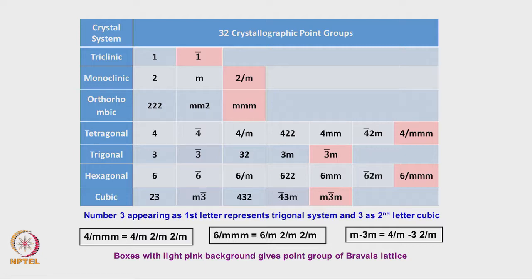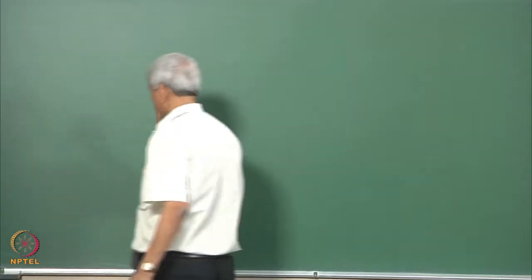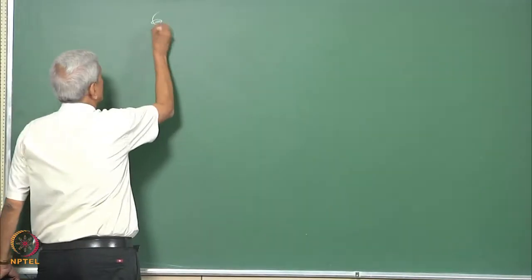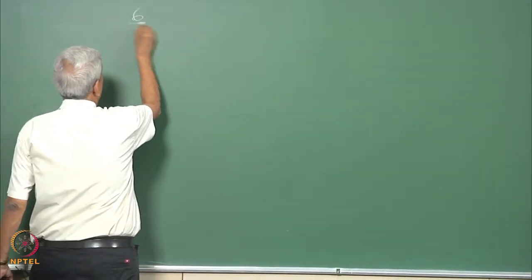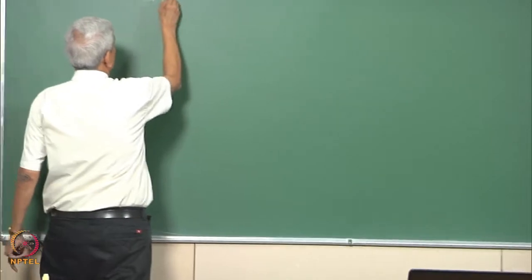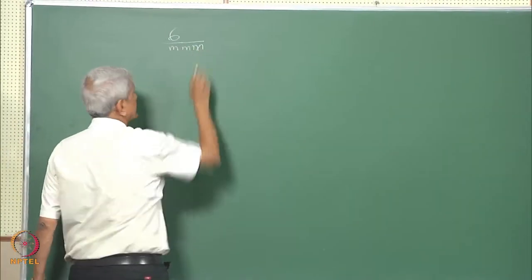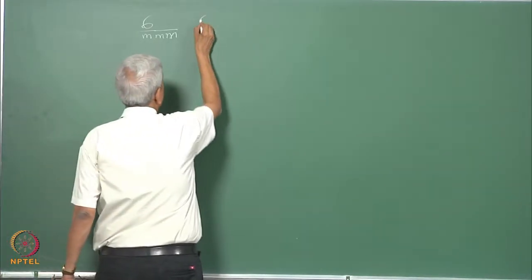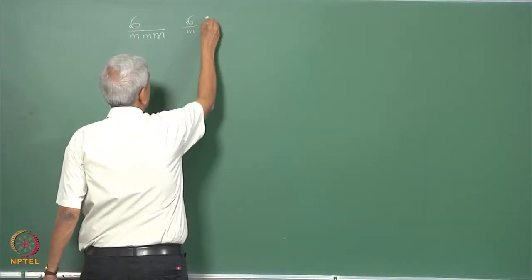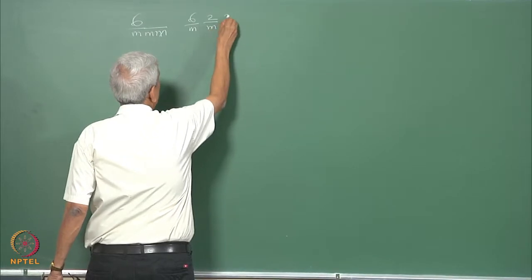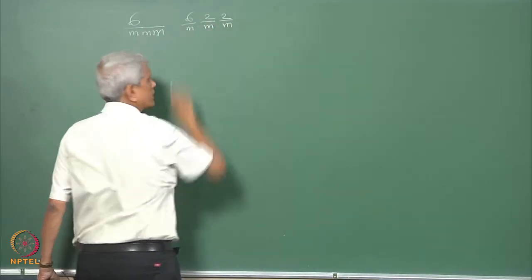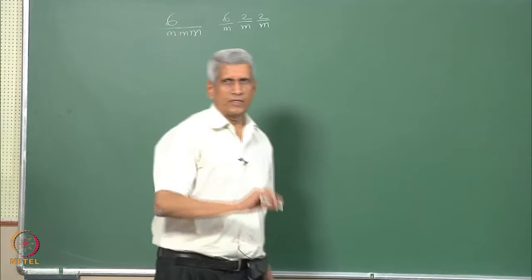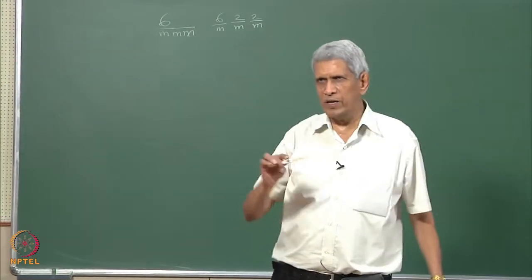If you look at this table, many of the symbols, like 6 by mmm, are shorthand symbols; the actual symmetry elements are 6 by m, 2 by m, 2 by m, which is the detailed symmetry.